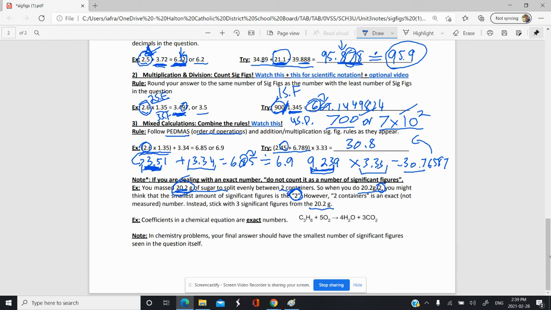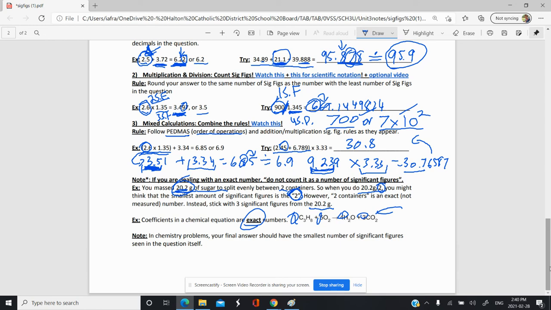Likewise, in chemistry, if you have coefficients like 1, 5, 4, 3, coefficients in chemical equations, they're exact numbers. So you're not really going to count them in your significant figure calculations. And then also in your chemistry problems, to make things a little bit easier, when I give you a paragraph or a scenario and there's numbers there, for your final answer, just make it have the same number of sig figs as the one that has the fewest sig figs overall.